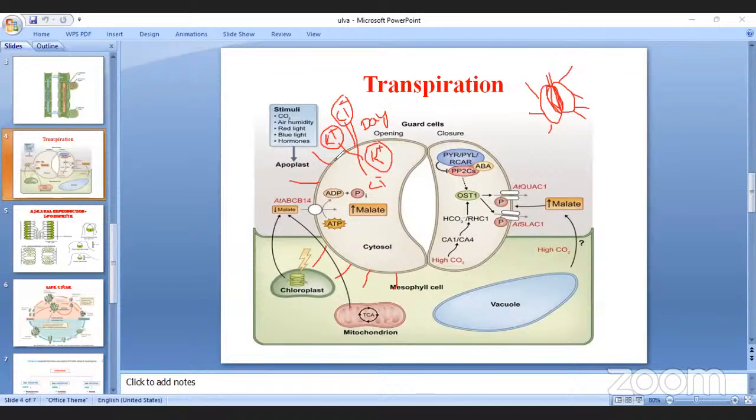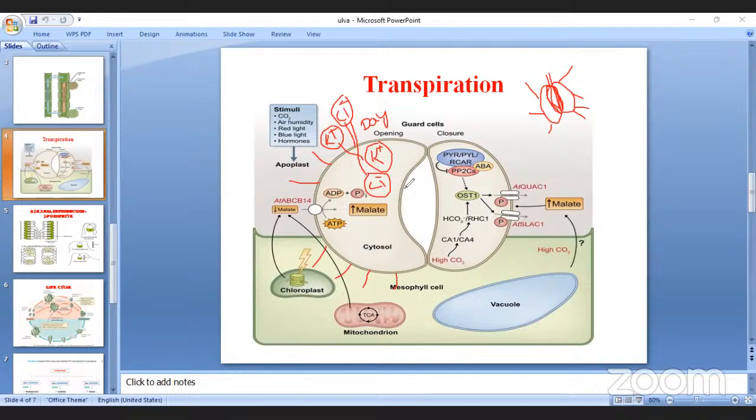Thereby decreasing the water potential, right? Negative means decreasing water potential. Already we discussed yesterday: negative means decreasing water potential, positive means increasing water potential. So water thereby enters the guard cells, making them turgid.